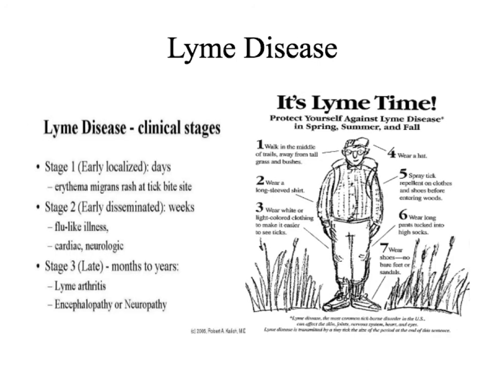So this is just a rundown on the stages of Lyme disease, and then the other picture is just something that as a nurse you need to be able to educate your patient on how to prevent it, because prevention is key in this as in similar disease processes. They need to know that they need to wear bug spray, they need to wear long sleeves, long pants when they're out in the woods, if they're doing anything that might put them at risk for getting a tick bite.